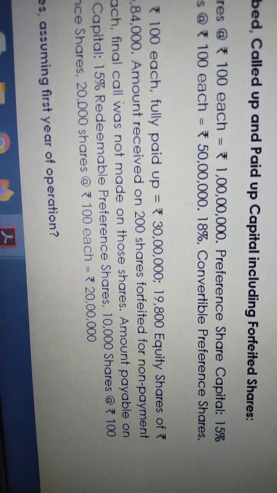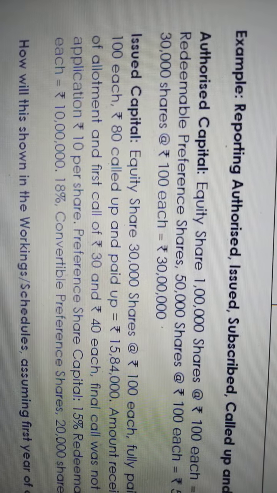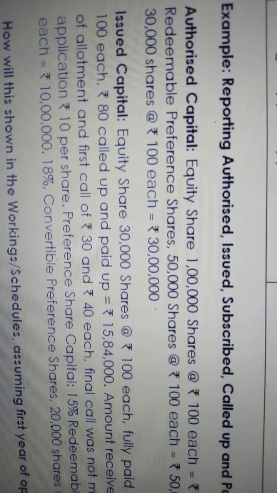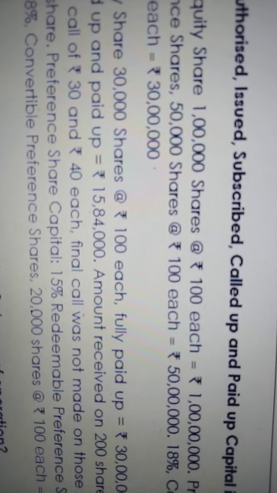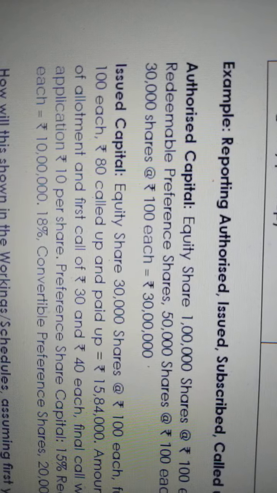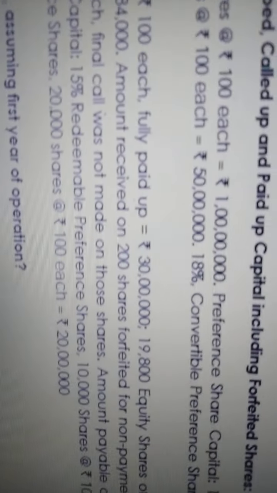Then 19,800 shares of 100 rupees, of which 80 is called up and paid up. Amount received on 200 shares forfeited.